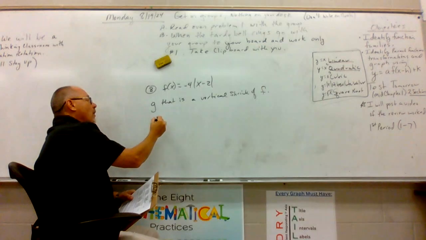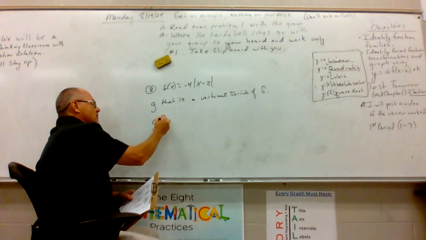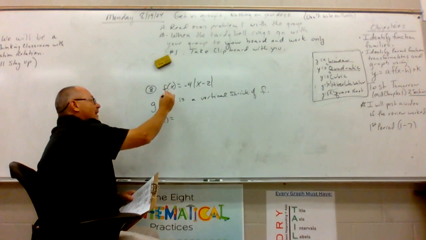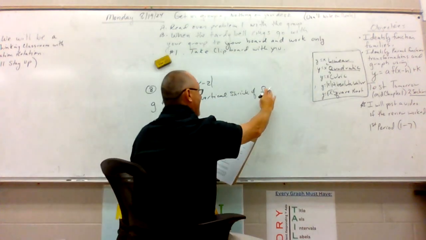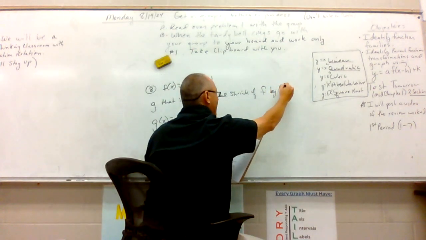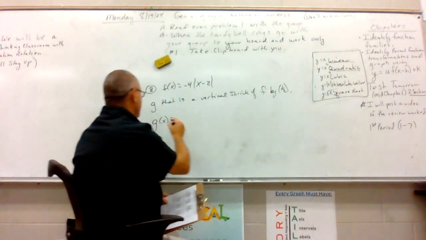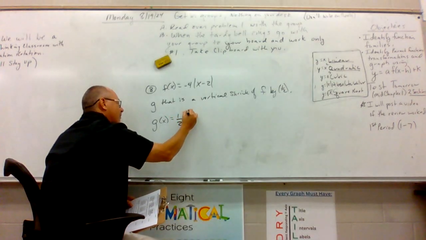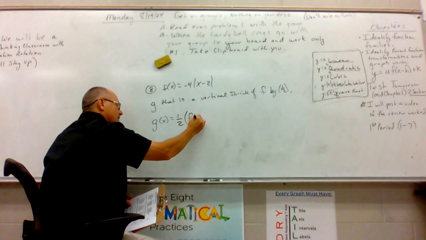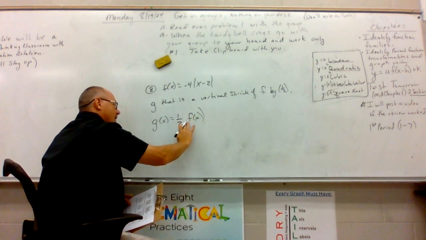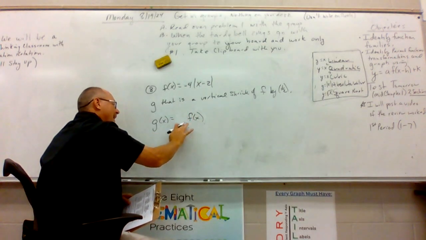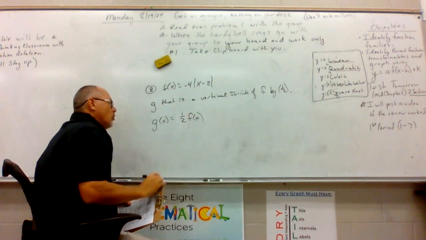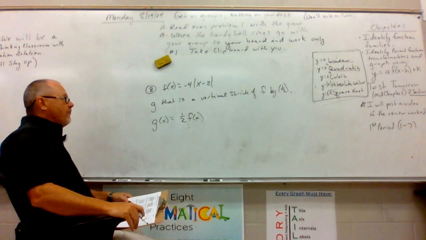This says g of x is a function that vertically shrinks f by 1/2. That means g of x is 1/2 times f of x. I really didn't have to put the parentheses. It says multiply, that's how you vertically shrink: you multiply the whole function by 1/2.